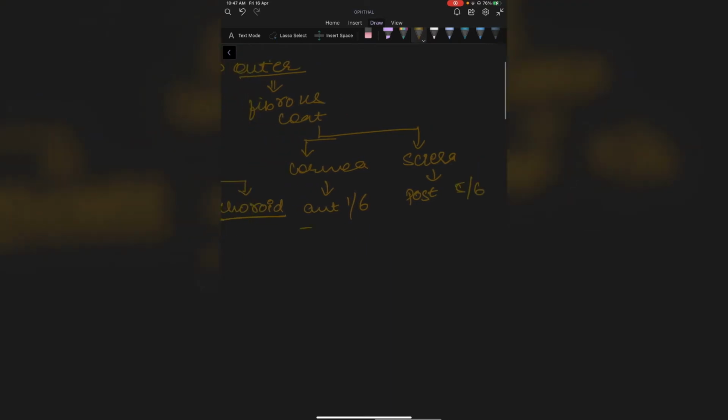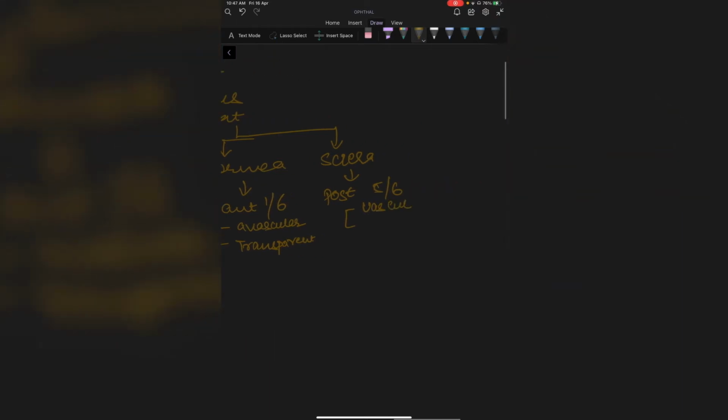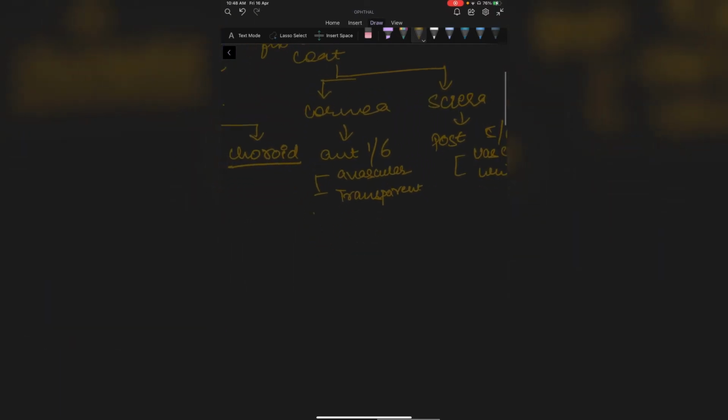Now the cornea has two important features: it is avascular and transparent. But the sclera is a vascular structure, it has blood vessels, and it is whitish in color. The cornea gets its oxygen directly from the air because it is directly in contact.